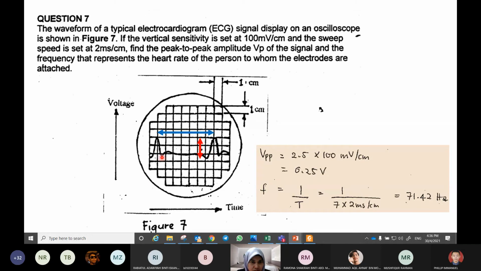Or from this peak to this, or from this to this. So it is about 1, 2, 3, 4, 5, 6, 7 divisions. 7 multiplied with the time per division setting, which is 2 milli, so this is the period. How to find frequency? 1 over period. So 71.42 Hz. Any question?